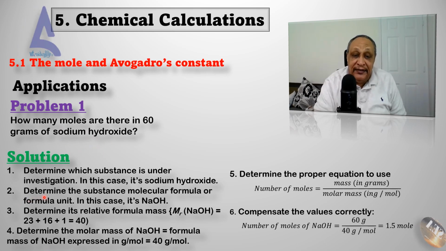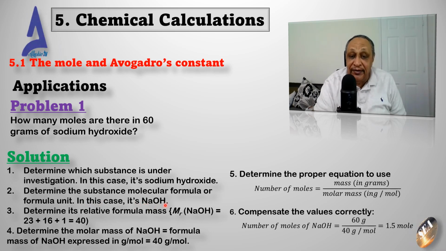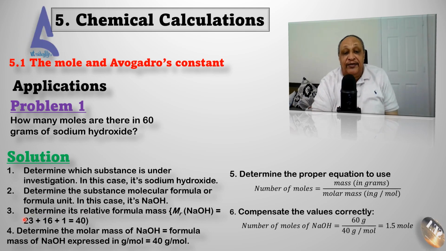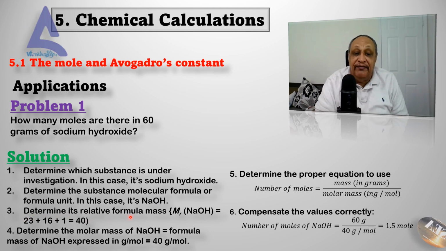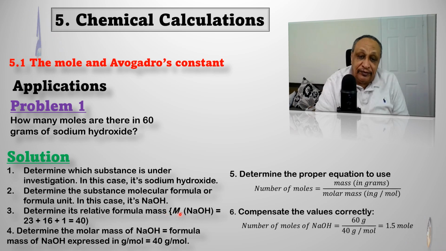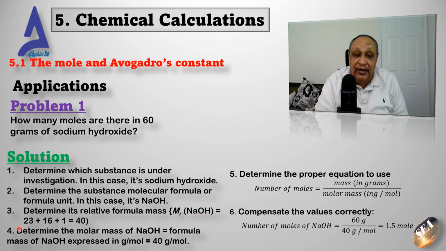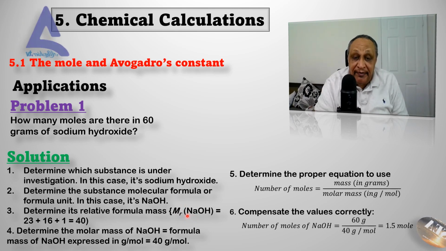Now, the second thing, determine the substance molecular formula or formula unit. In this case, it is a formula unit, that is sodium hydroxide. Now determine its relative formula mass. So the relative formula mass of sodium hydroxide equals 23, which is the relative atomic mass of sodium, plus 16.